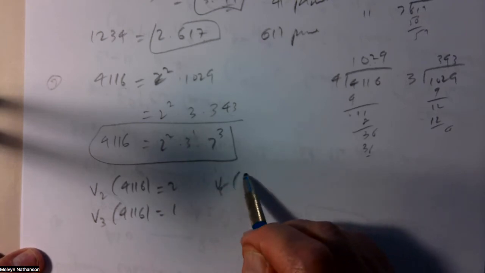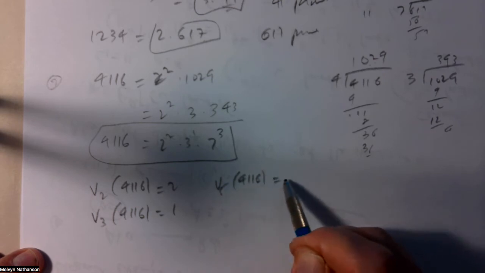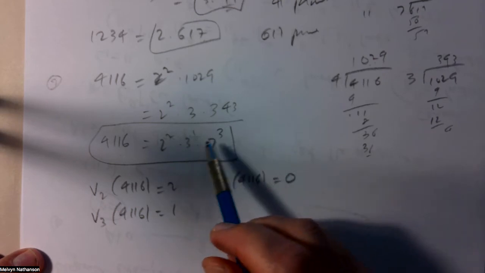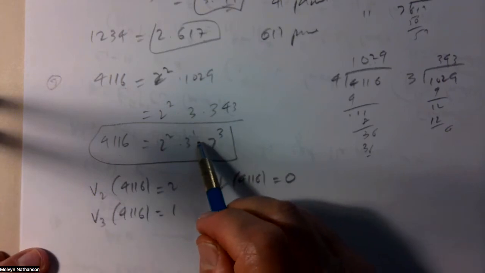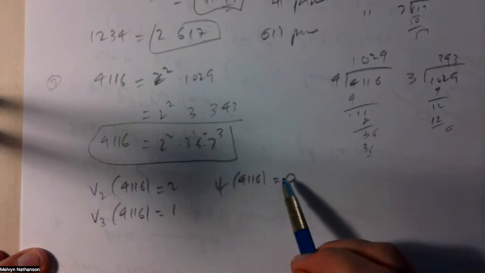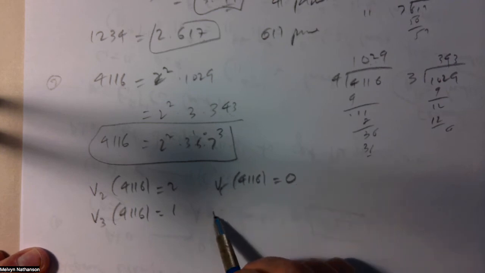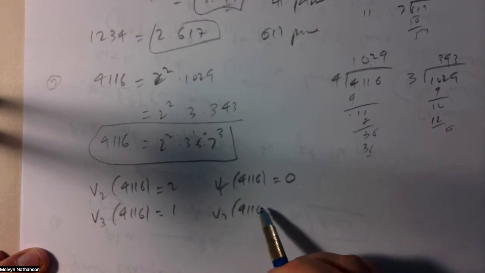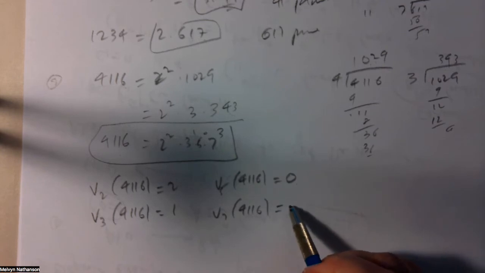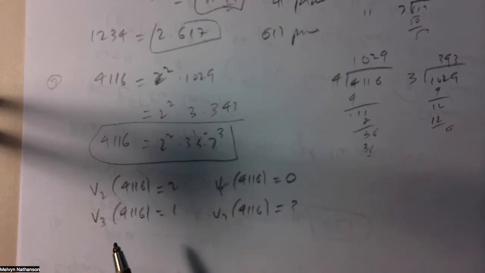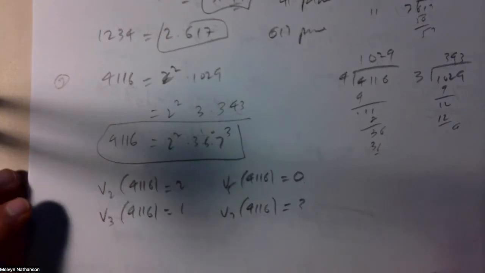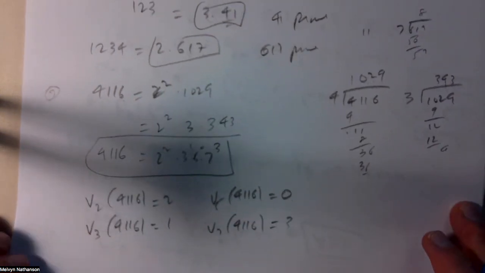The highest power of 5 that divides this number is the 0th power, because there's no power of 5 here. If you like, it's 5 to the 0. That means 5 doesn't divide the number. And the highest power of 7 that divides 4,116 is 3. 7 cubed divides that number. So that's what it is.